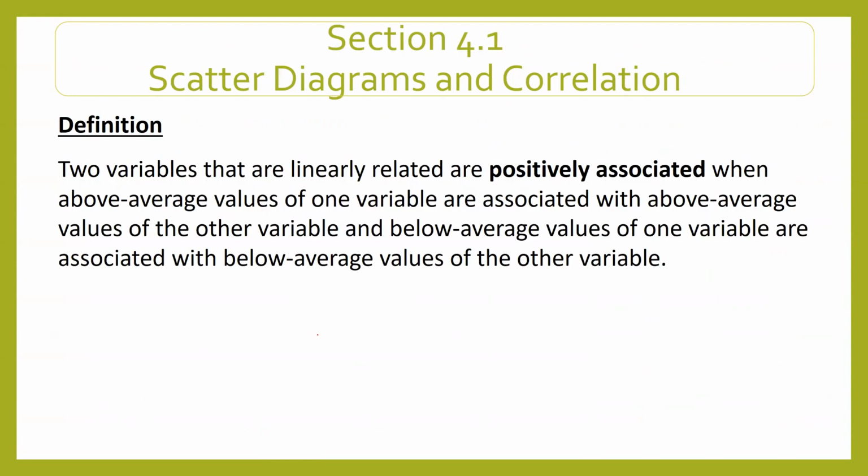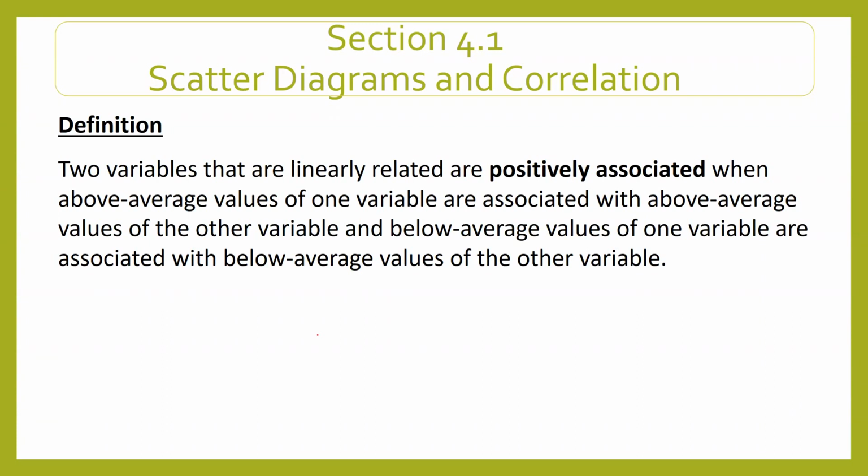All right, so more definitions in terms of correlation. Two variables that are linearly related are positively associated when above average values of one variable are associated with above average values of the other variable. And the same thing, below average values of one variable are associated with below average values of the other variable.